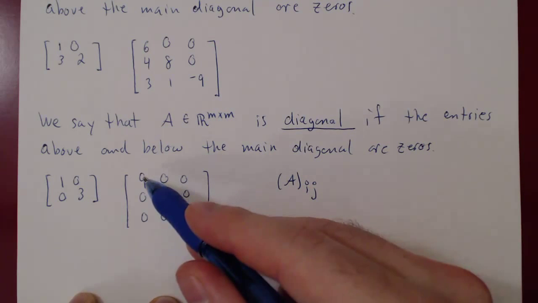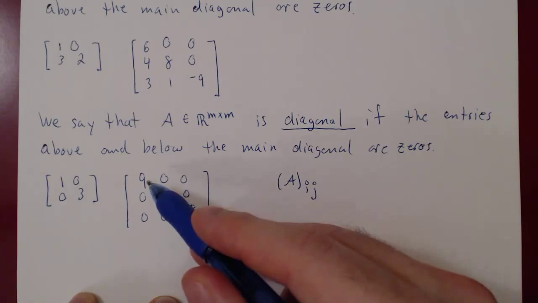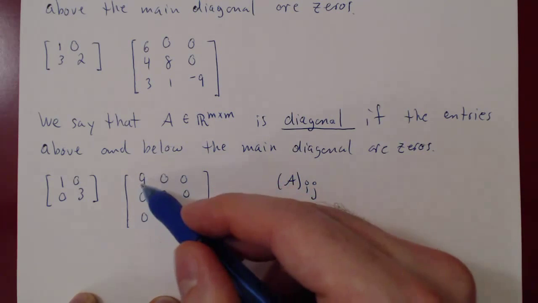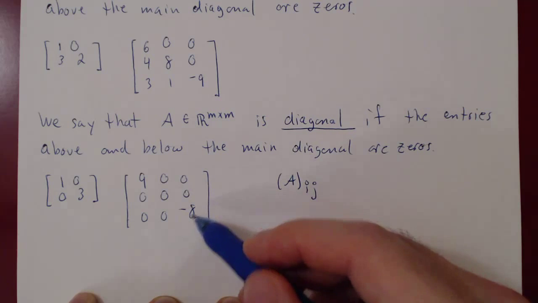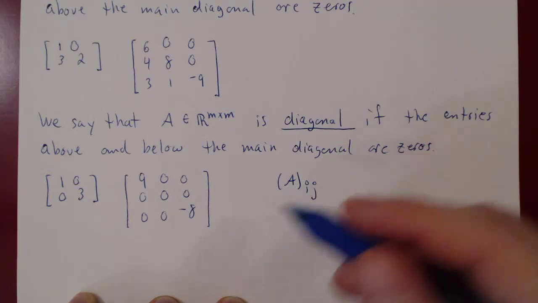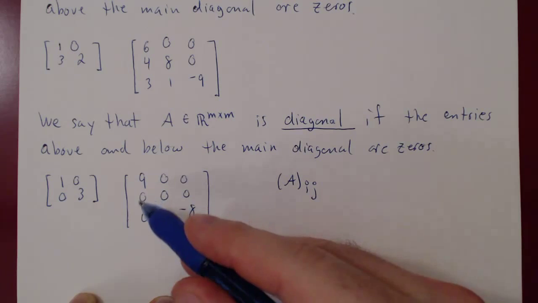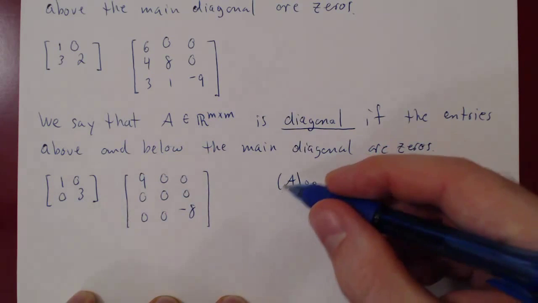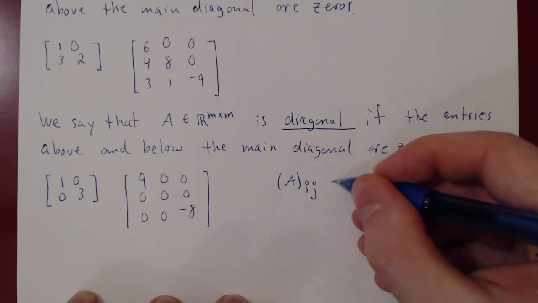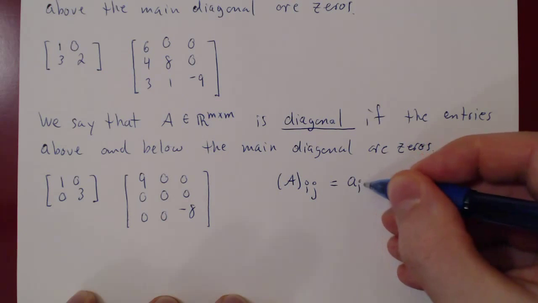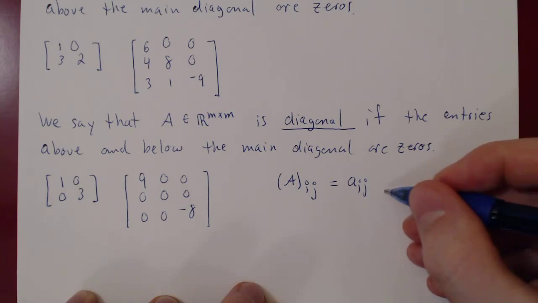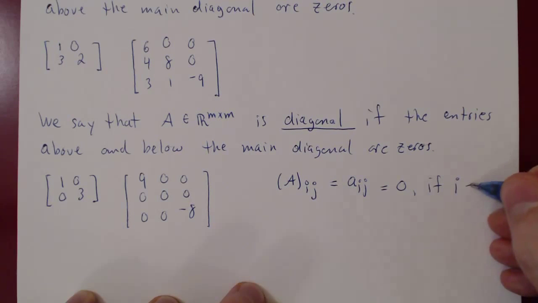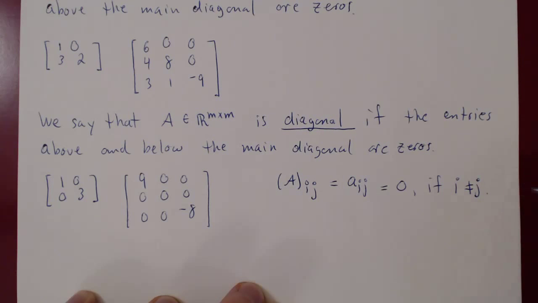The only way to be on the main diagonal is if the row index equals the column index, A11, A22, A33. So if you want to say that the entries off the main diagonal are zeros, we simply have to say that Aij is equal to 0 if i is simply different from j.